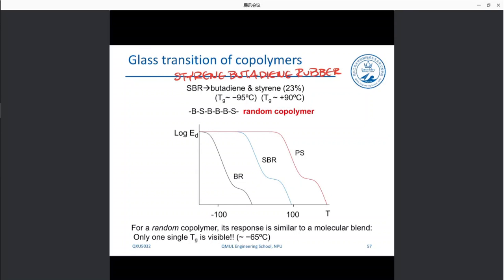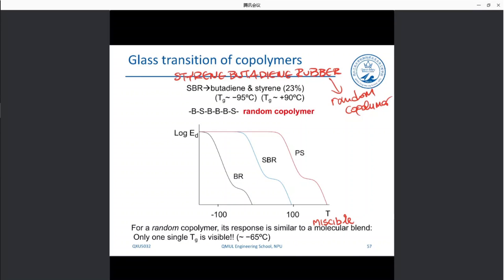Styrene butadiene rubber is a random copolymer. Okay, and random copolymers display characteristics in terms of glass transition similar to miscible blends. Okay, a molecular blend, so a random copolymer is miscible.